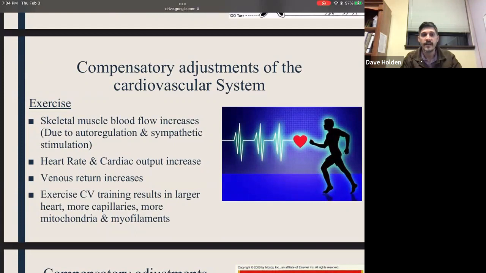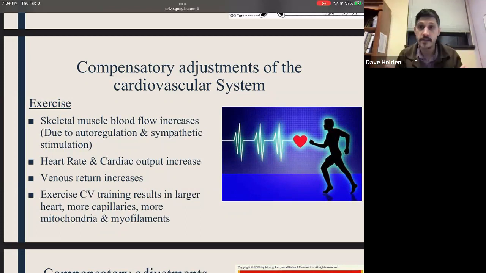Another way we can help our cardiovascular system compensate: exercise. Skeletal muscle blood flow increases when you exercise. Funny, when you use your muscles, they get more blood. Funny how I know, right? You don't say.